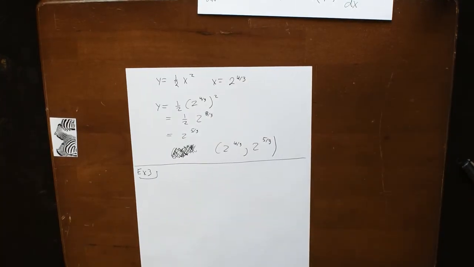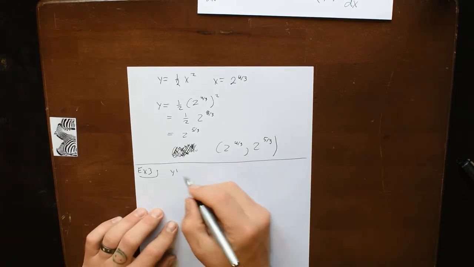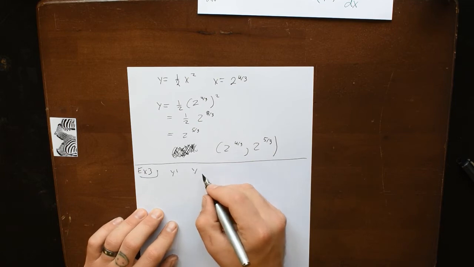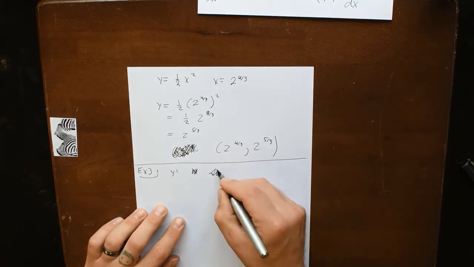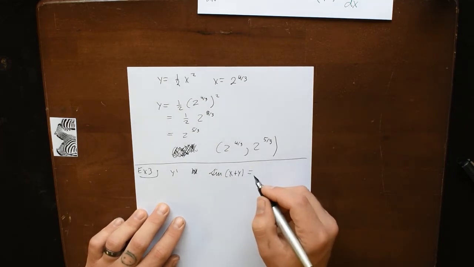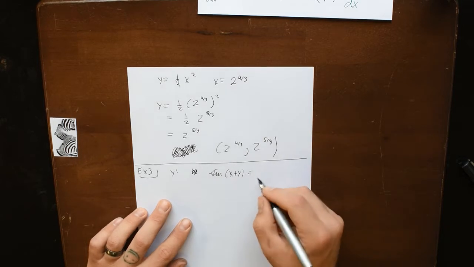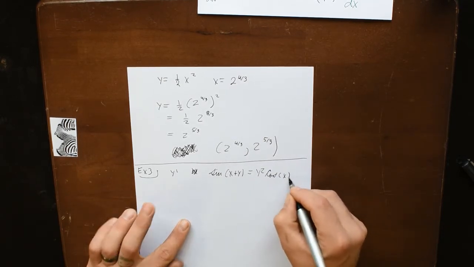So example 3, and I think all we're doing is just finding y prime. So find y prime, provided that the sine of x plus y is equal to y squared times the cosine of x.